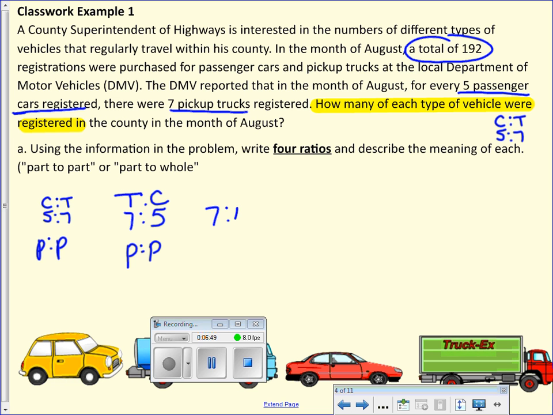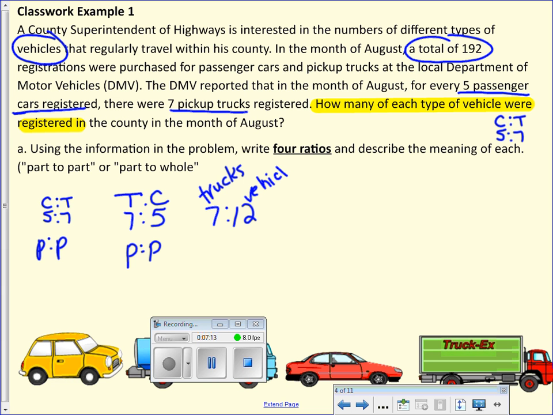Okay, 7 to 12. Now what does that mean? 7 are the... What is the 12? The trucks and cars. So what word can we use that would represent the cars and the trucks? What would a good word be? Vehicles, good.